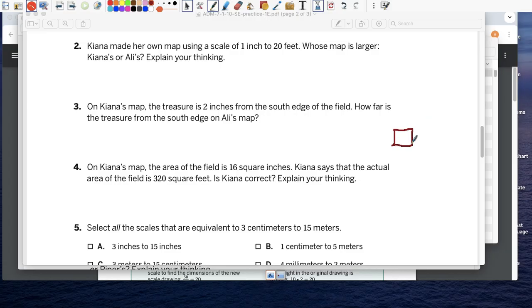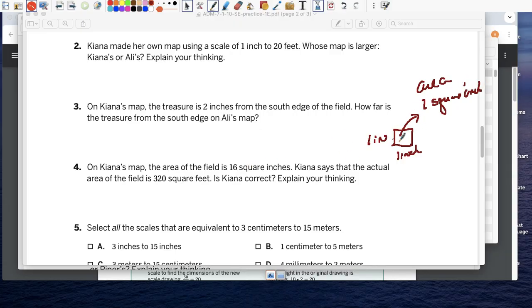This is a square inch, where this side is 1 inch, and this side is 1 inch. And if I asked you to find the area of this, the area will be 1 square inch, right? Because you multiply side times side. 1 square inch. And there are 16 of these.